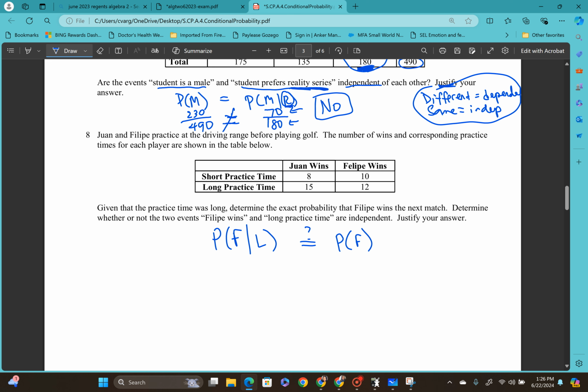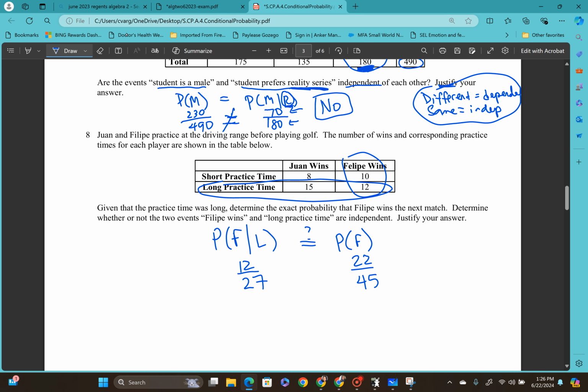So probability of Felipe given long-term practice, that number is going to be 12 out of 27. Okay. And the probability of Felipe winning is going to be, right? Felipe wins 10 plus 12 is 22. Out of the total is 45. If you add all those numbers up, all four of them, okay, you get 45.